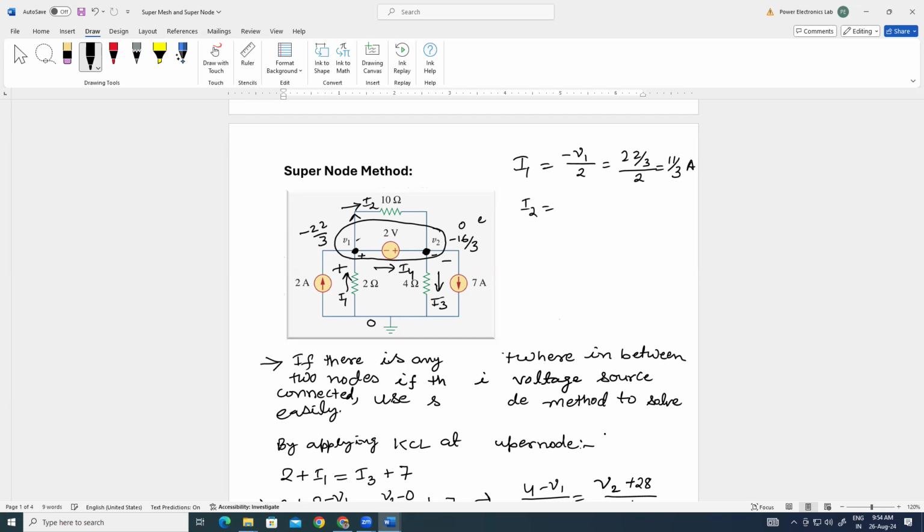The value of I2 will be V1 minus V2 by 10. V1 is minus 22 by 3 and V2 is minus 16 by 3, so plus 16 by 3, divided by 10. It will come negative: minus 6 by 3, that is minus 2 by 10, which is minus 0.2 ampere.